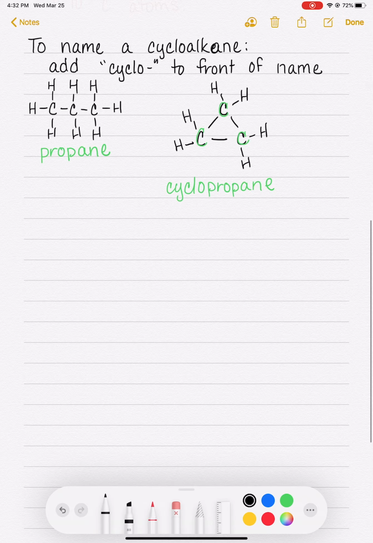Not all of our alkanes have their carbon atoms in a nice straight chain or a nice easy ring like those examples that we saw. We do have some alkanes that we call branched.